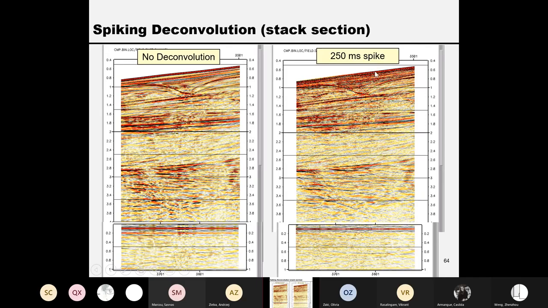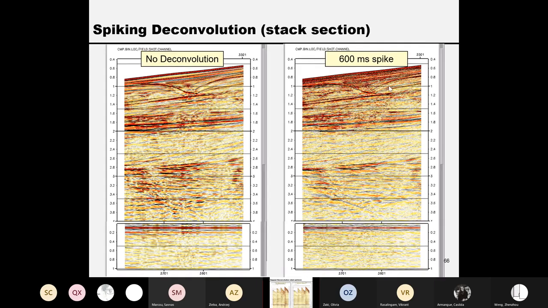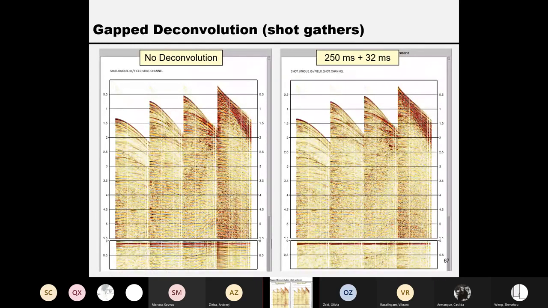Spiking decon, the gap is 1, and the filter length is 250 milliseconds. Compared to the gap decon, the predictive decon, same for shot gathers. This is the autocorrelation of the original shot gather. Now with a gap decon, predictive decon, because we use a gap, the gap means we keep this part of the signature untouched.